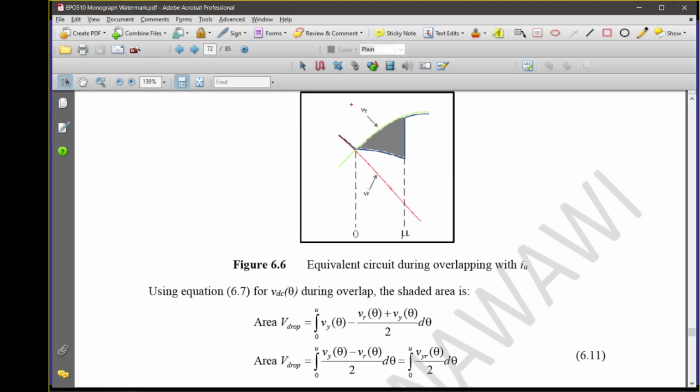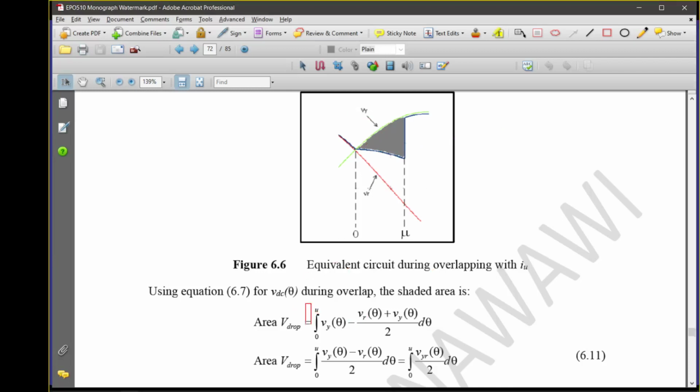We know what VY is, and then you minus that VDC. So VR minus VDC, we already know the equation for VDC, and you will get the area under the curve here. Okay, so that's what we're doing here.